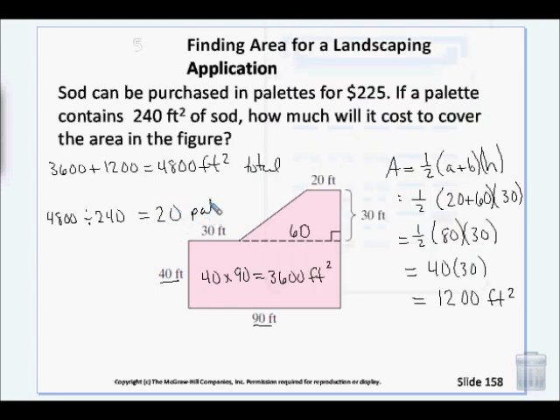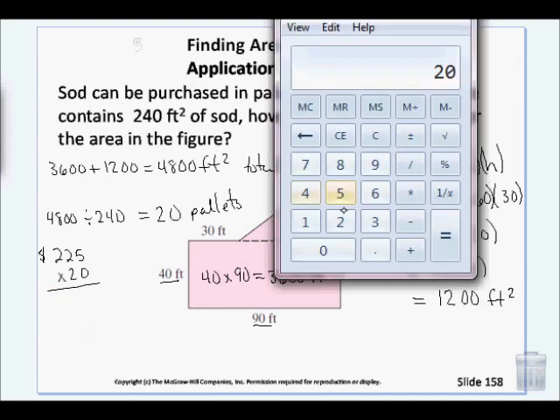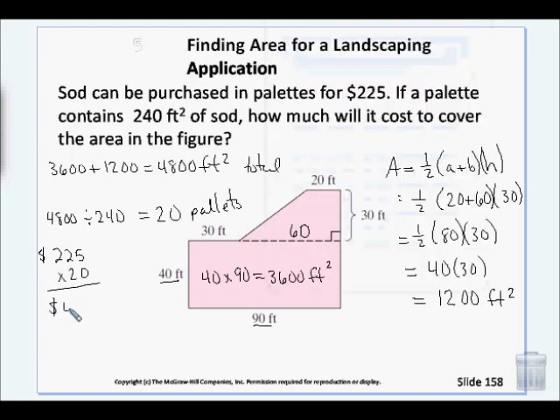So I'll need 20 pallets. And then I need to multiply that times $225. So it's going to cost you $4,500 to sod this yard.